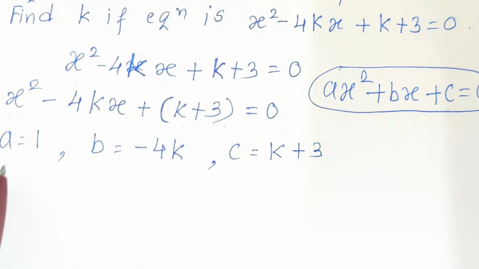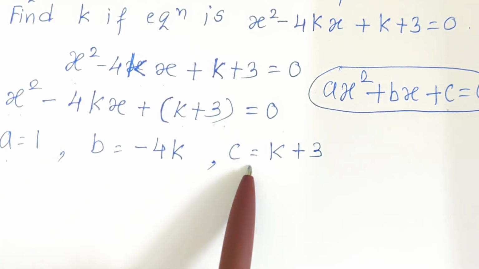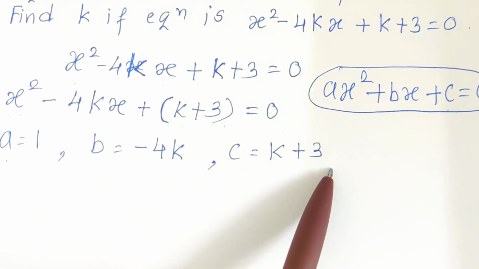So from the equation, a's value is 1, b's value is minus 4k, and c's value is k plus 3. This is the starting of the example and it is very important. You must read the question carefully, observe the given equation carefully, and then decide what you are going to do. Then now see the condition.